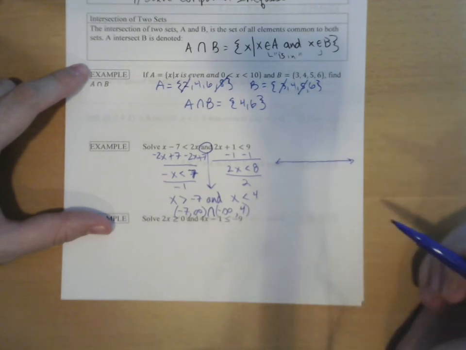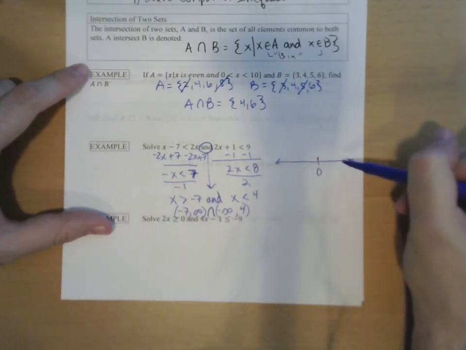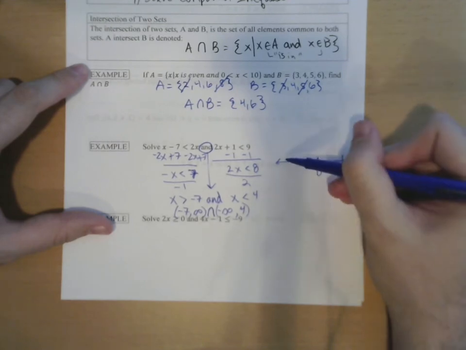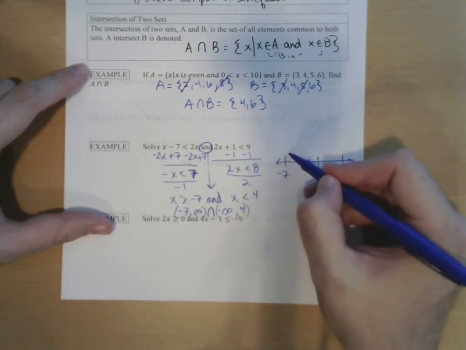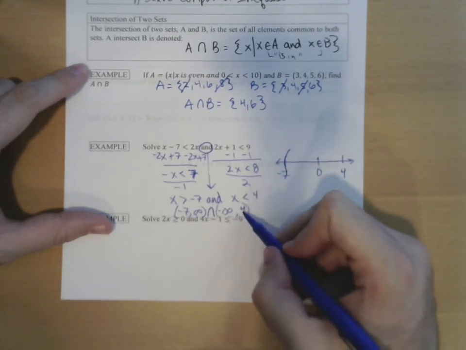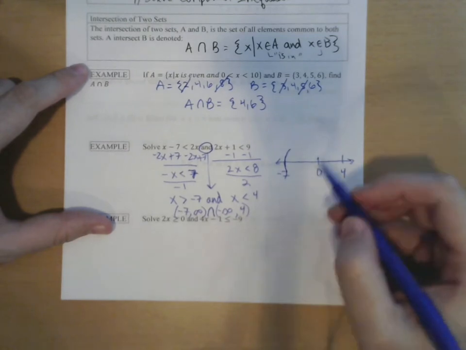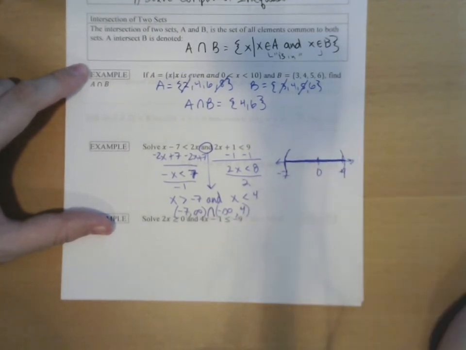And so on the number line, if we were graphing this, we'd have our 0, this would be 4, and this would be negative 7. And so we know that we start here and go up, and from this set we end at 4, so that means we stop at 4, and this is the solution on the graph that we have.